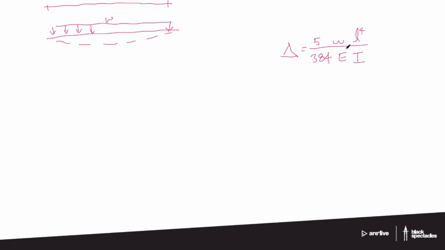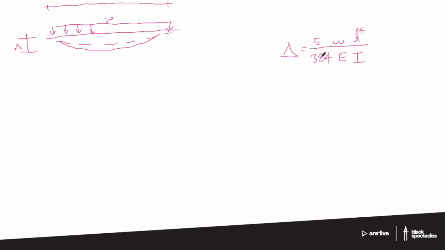We could increase the load. We could use a heavier brick, or have more floors above, or whatever it happens to be. If we increased that W, if we made this load heavier, it's likely to bow more. And that delta is the deflection.